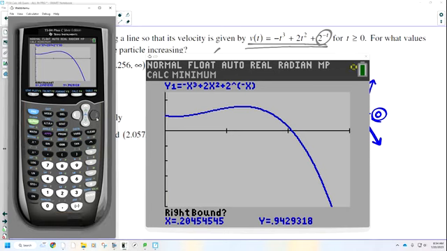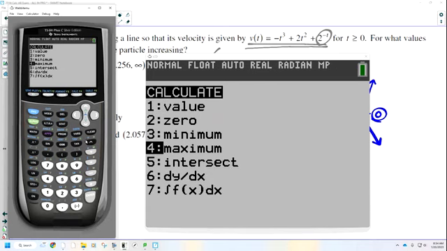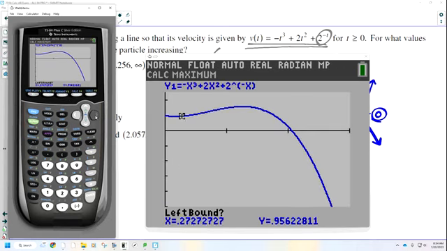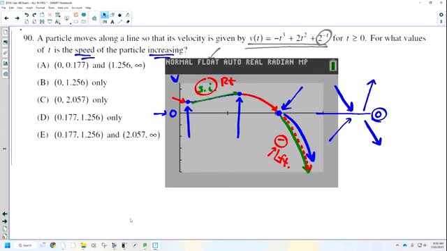So let's find this maximum. Second, trace, maximum. Go up here. Enter. Enter, boom. 1.256. So we got, rounding, this is 0.177 to 1.256. So between this, I'm increasing, moving away.